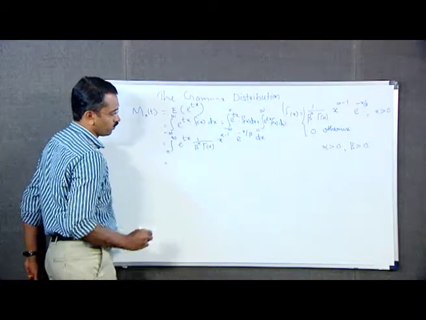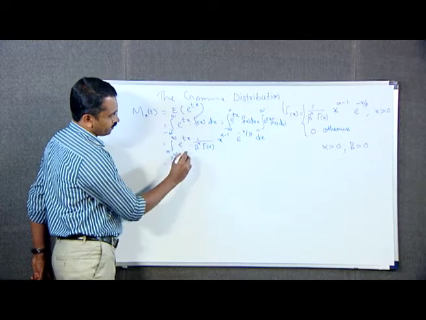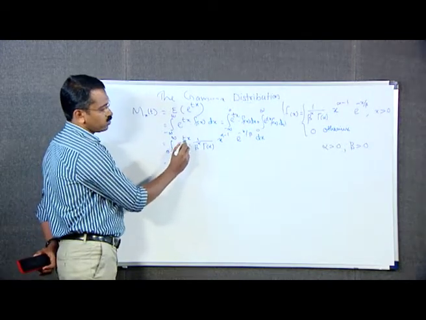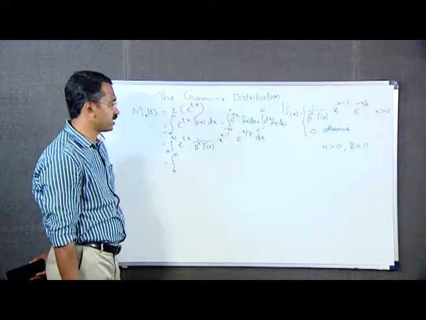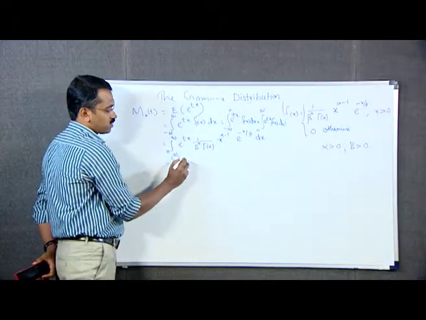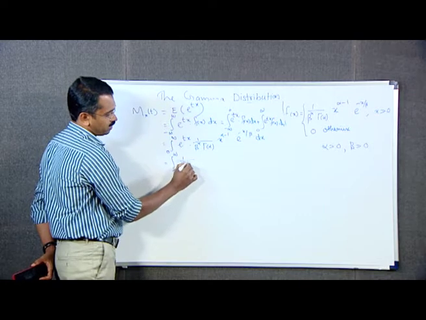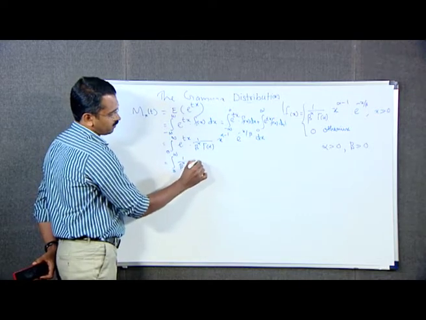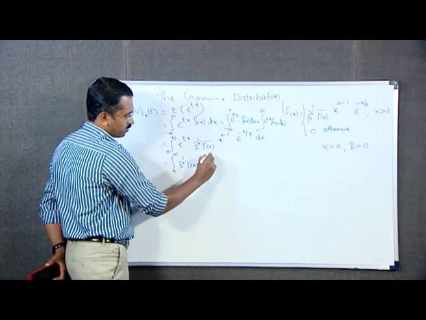This is equal to integral from 0 to infinity, here e raised to tx into e raised to minus x by beta. We can write this as integral from 0 to infinity 1 by beta raised to alpha into gamma alpha into x raised to alpha minus 1.